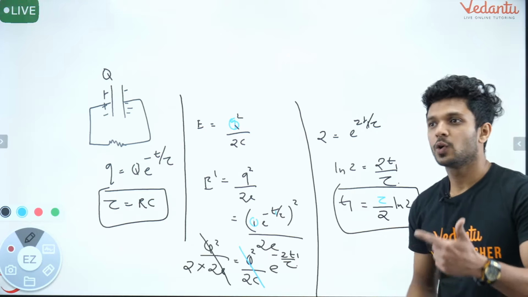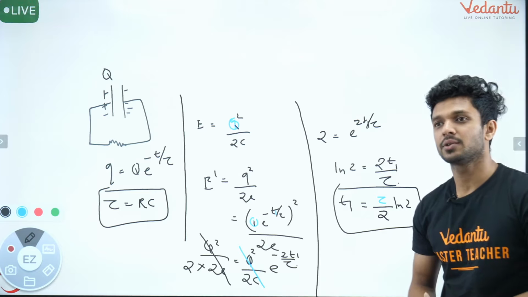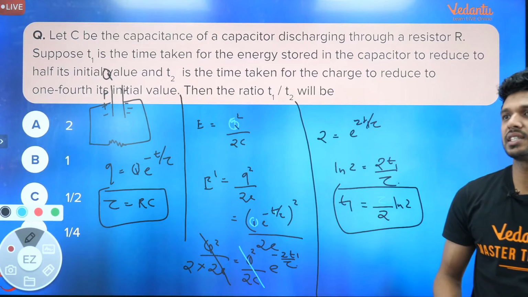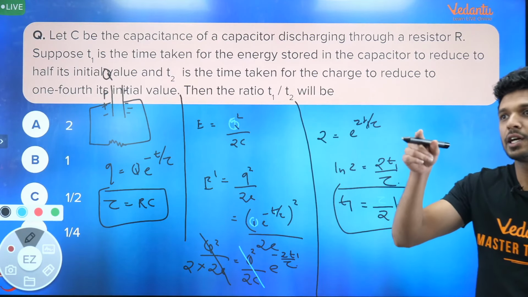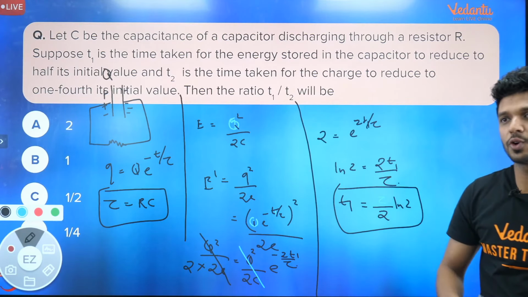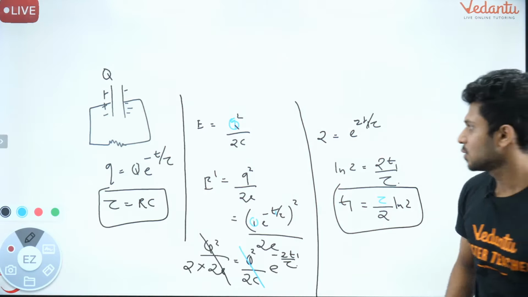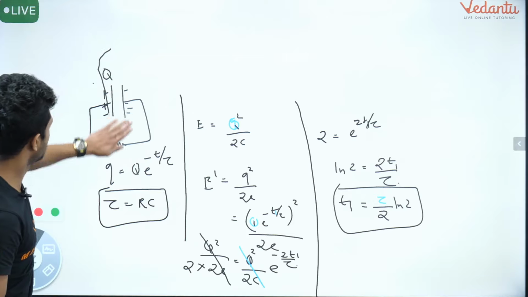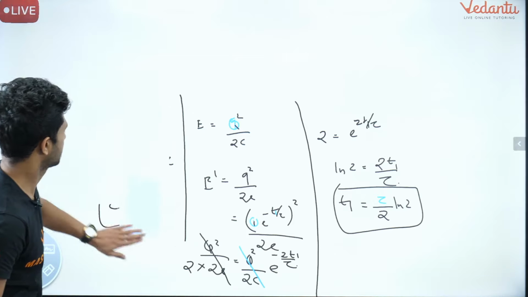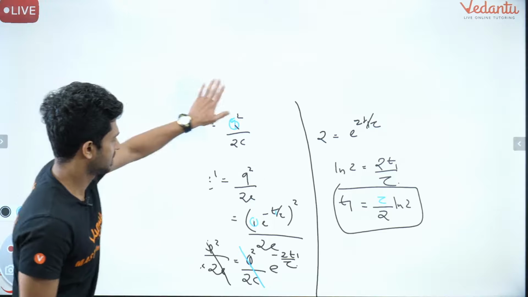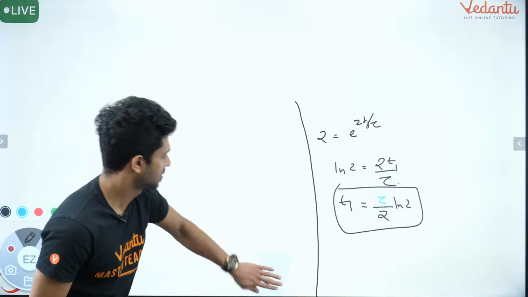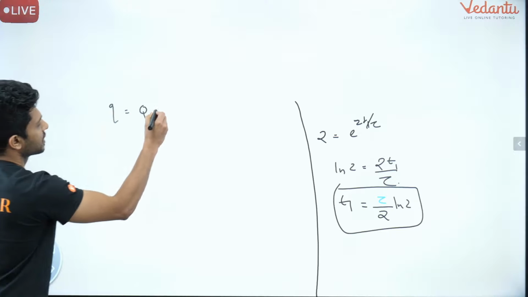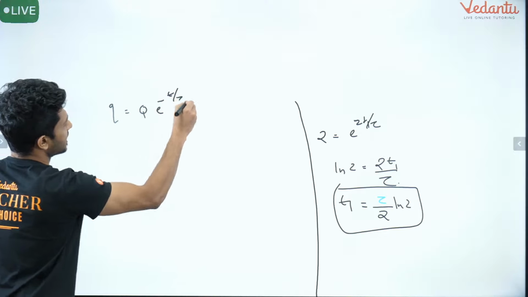Okay, now we have to define for t2. So let's see what was this t2 again. T2 is the time taken for the charge to reduce to 1/4 of its initial value, right? So I'm going to rub this particular part. So Q is given by capital Q into e raised to minus t by 2.